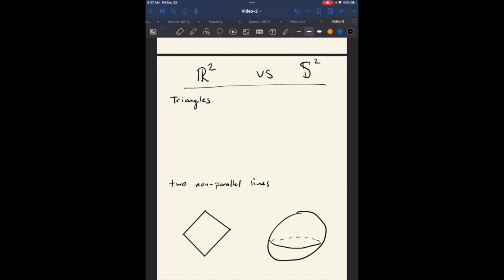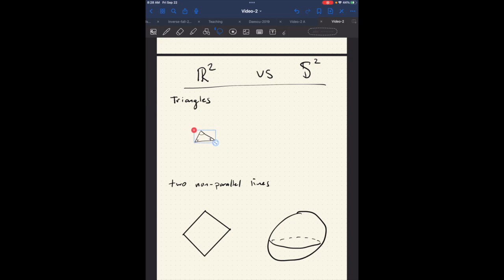Okay, so let's compare the plane and the sphere a little bit here. So the first thing to consider is triangles. In the plane, if we have a triangle with interior angles here, one thing to notice is if we scale the triangle, the angles don't change.